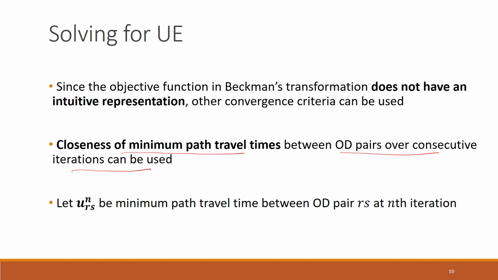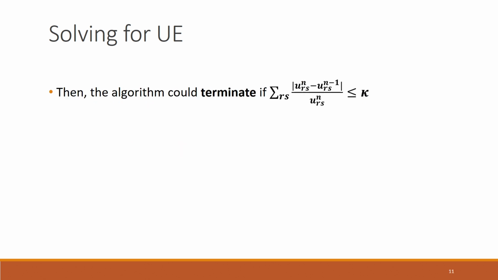So let URS be the minimum path travel time between OD pair RS. If you remember, URS was the variable that we were using for the minimum path travel time for OD pair RS. Now for the nth iteration of this algorithm, we represent it by URSN.